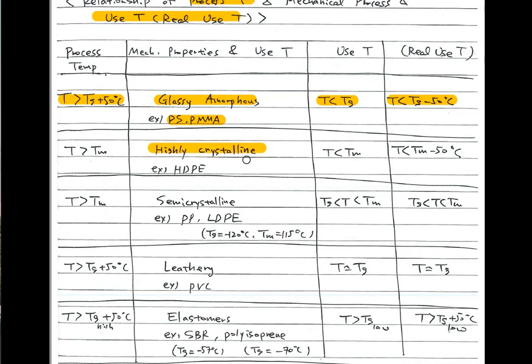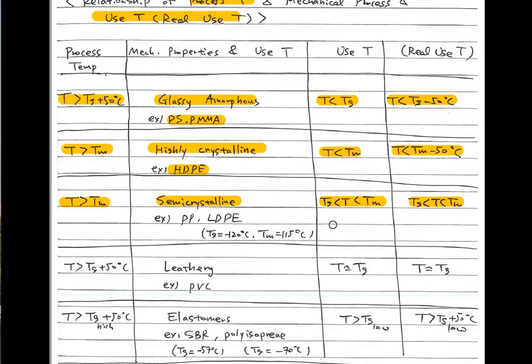For highly crystalline polymers such as HDPE, high density polyethylene, we process those materials above the melting temperature, because we need to form a liquid state, and we use these polymers below Tm, even lower than the melting temperature. Similarly, semi-crystalline polymers are also processed at temperatures above Tm and used between Tg and Tm, because in this state the materials are solid.